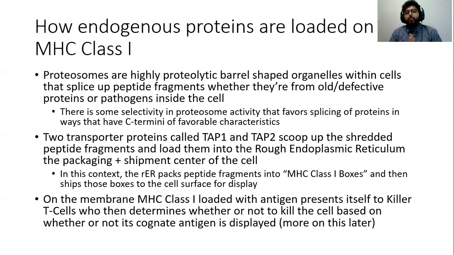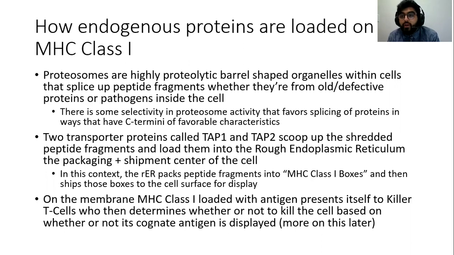So now we talk about how a protein is loaded onto MHC Class 1. It's very important that you recognize that the mechanism is different for MHC Class 1 and MHC Class 2. So let's take it step by step, but I'm just going to give the overall geographical difference, if you're trying to make a mental picture. With the MHC Class I mechanism, you really want to think rough endoplasmic reticulum.